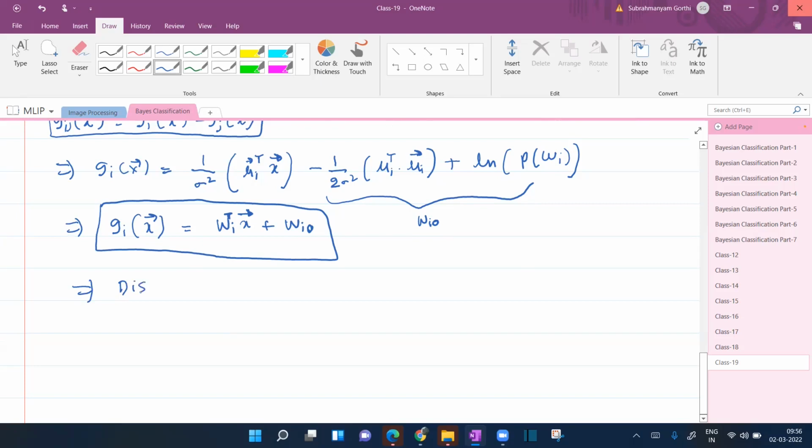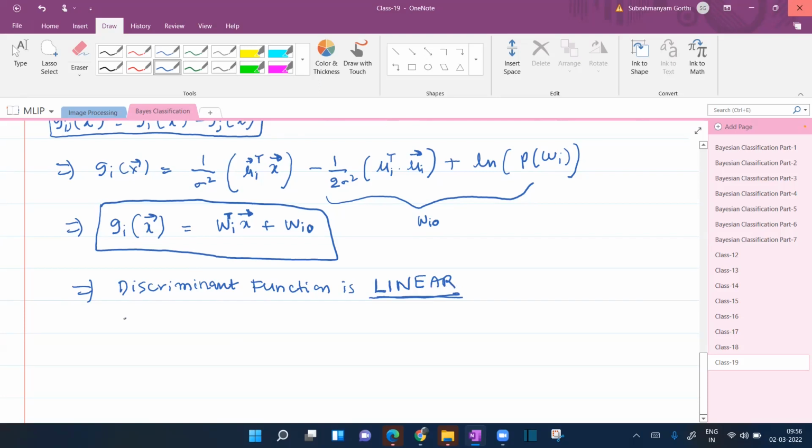My discriminant function is linear. Why is it so?